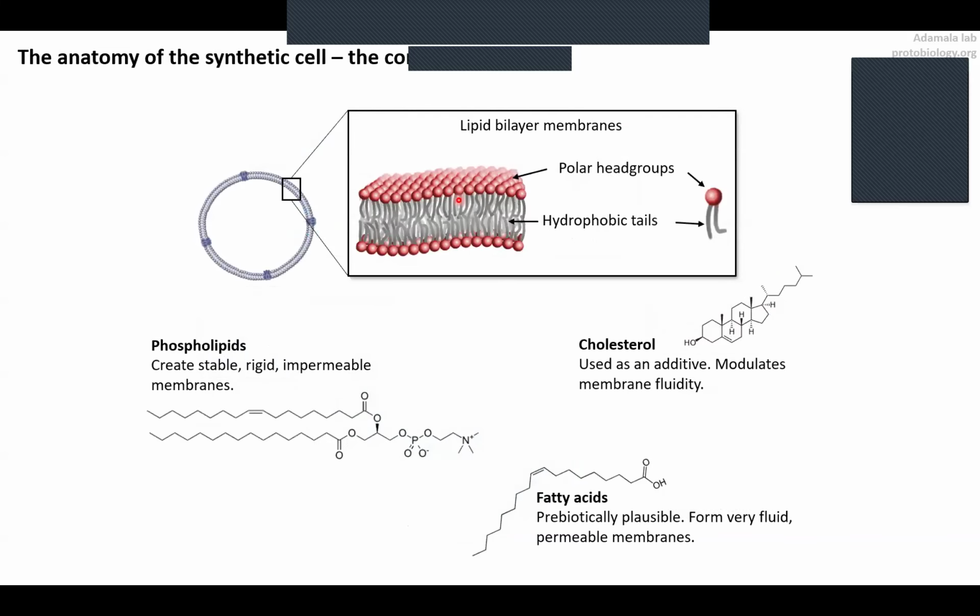And so that membrane is mostly made of lipids, just like your own cells. Your own cells are made of phospholipids, a lot of proteins and cholesterol. That's what our natural cells are made of. In synthetic cells, we're using much simpler membranes, but they're still mostly phospholipid bilayer membranes with some cholesterol in them. For some more prebiotic-like experiments, we're using free fatty acids as our membrane building components.